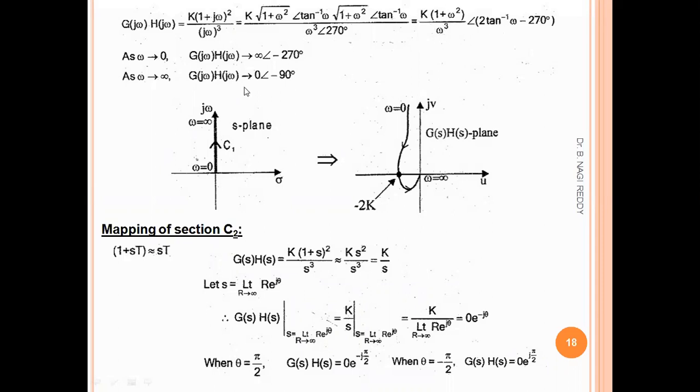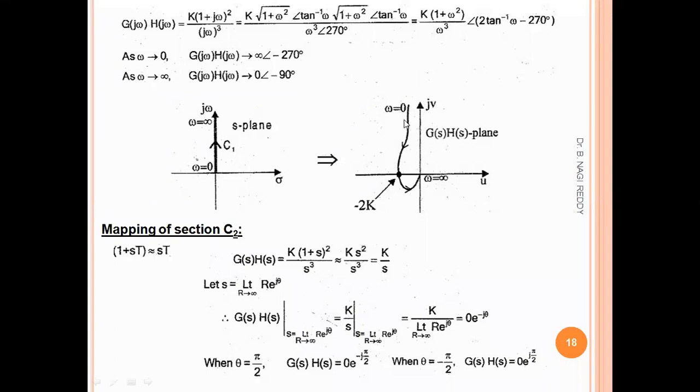Use this magnitude and angle, substitute omega is equal to 0 and omega is equal to infinity, get the magnitude as well as angles. We have done this process for the polar plot cases, introduction of the polar plots and polar plot cases. So in the same way, infinity at an angle of minus 270. So it has to start at minus 270, which is this line.